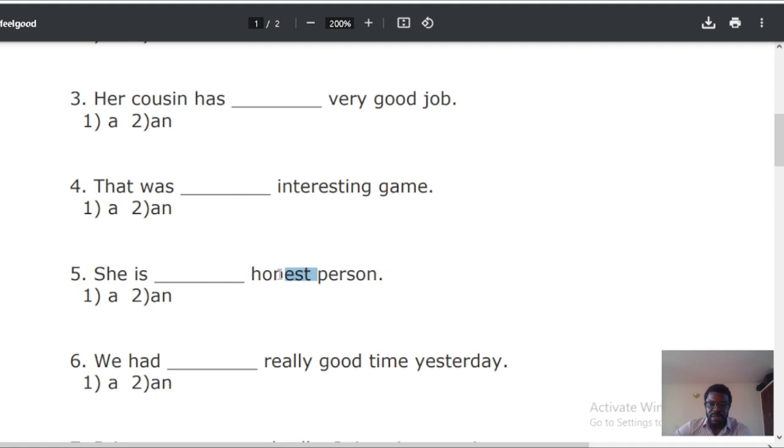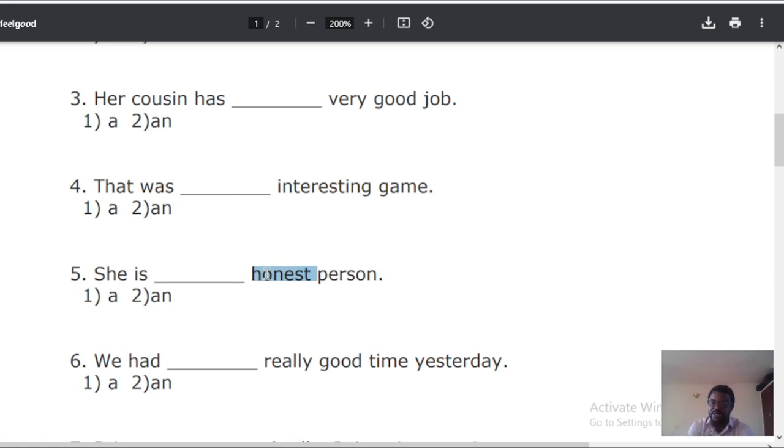She is an honest person. Here you have to pay particular attention, because here you see the word starts with what? H, which is a consonant. But what we are looking at here is the sound, not the letter per se. Most times it's always the sound that will give you the correct one. So when we say honest person, you see the sound of honest sounds like a vowel sound, like O. The H is silent.